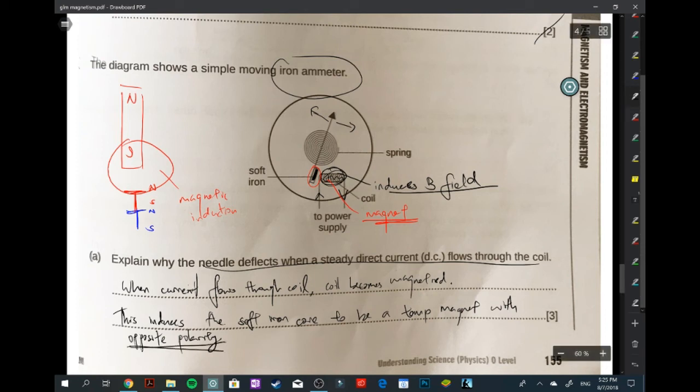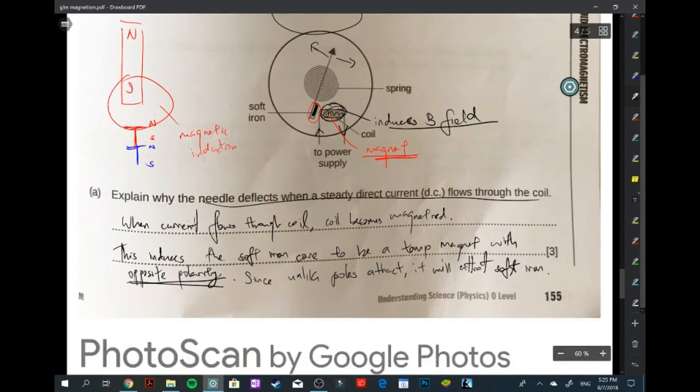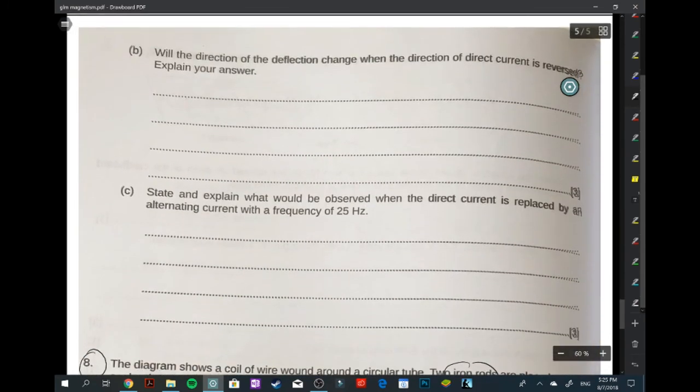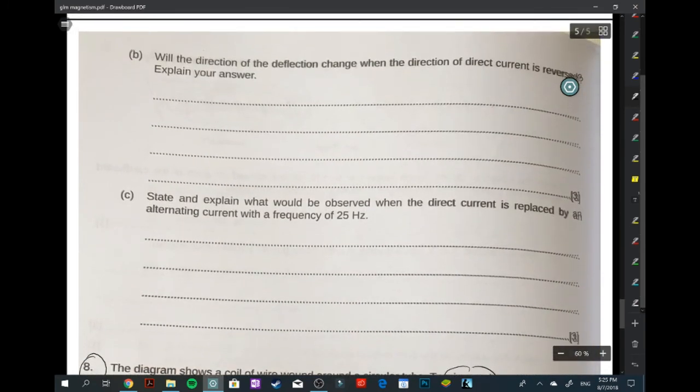This is important to suggest that they will attract, since unlike poles attract, it will attract the soft iron. Alright, that's 3 marks.